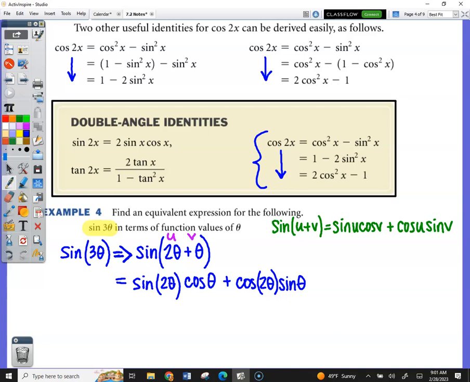Now, all that's left is finding the double angle formulas and replacing them with the expressions that we found, and cleaning it up.